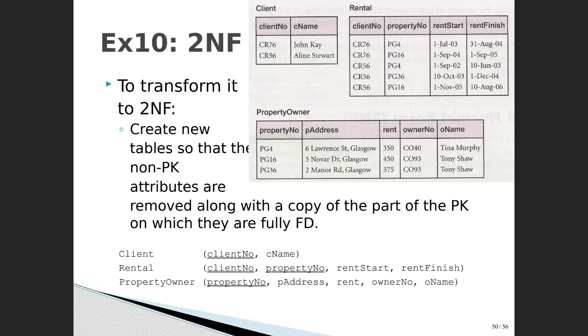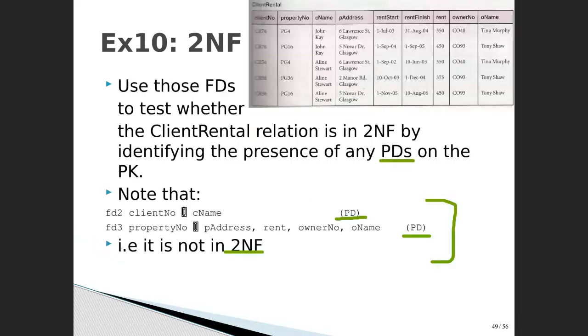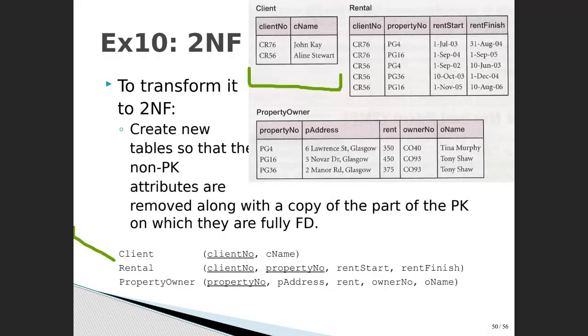This is number 1. And let's see the second partial dependency. They place the property number and property address, so they place the property relation or property owner in a separate relation. So they put property number, property address, rent, owner number, owner name.